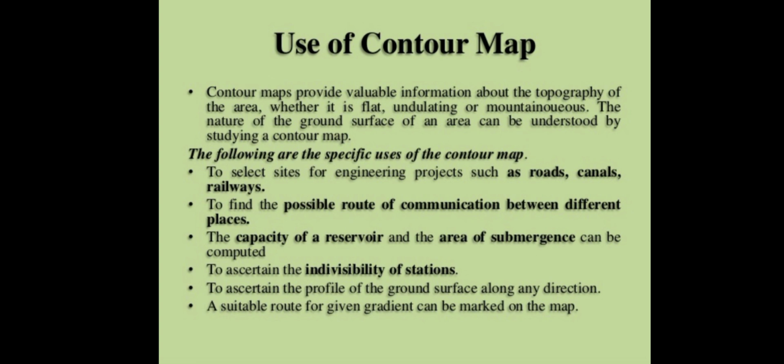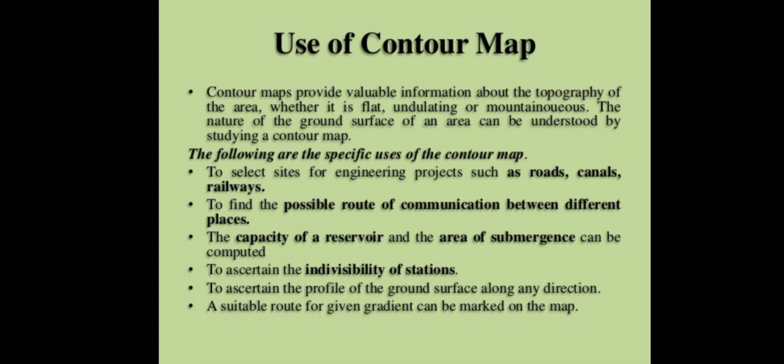Following are the specific uses of the contour map: to select a site for engineering projects such as roads, canals, railways; to find out the possible route of communication between different places; the capacity of a reservoir and the area of submergence can be computed. How much water it can hold, what is the capacity, how many liters, like that.